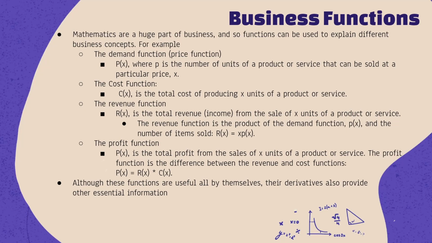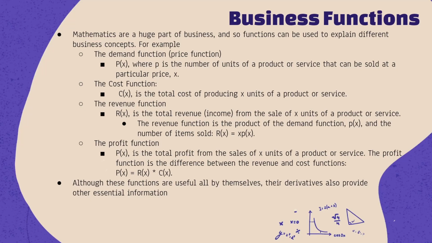So when you hear about these different functions, you need to understand that they don't necessarily just talk about P of X and C of X. They actually require you to read in between the lines and gather information. So moving on from that, we have the revenue function. Now that we figured out the price function and the cost function, we can actually generate some revenue, right?